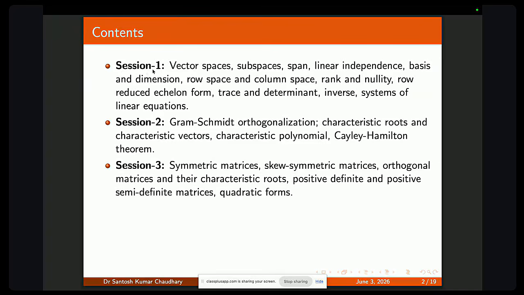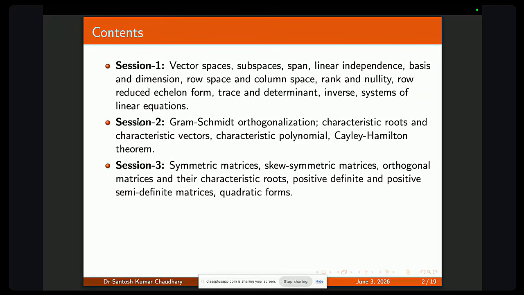Session 1 has the contents: vector spaces, subspaces, span, linear independence, basis, dimension, row space, column space, rank and nullity, then row reduced echelon form, trace and determinant, inverse, and system of linear equations.